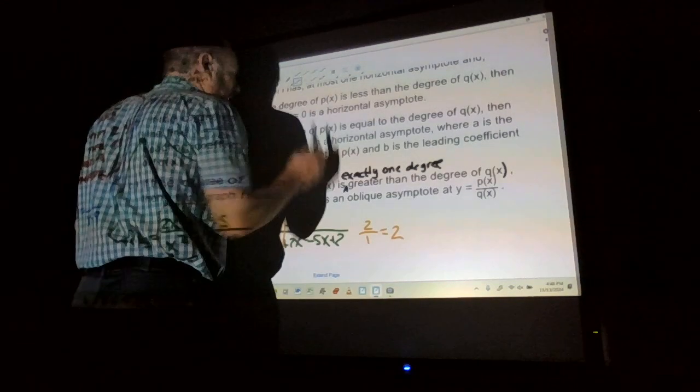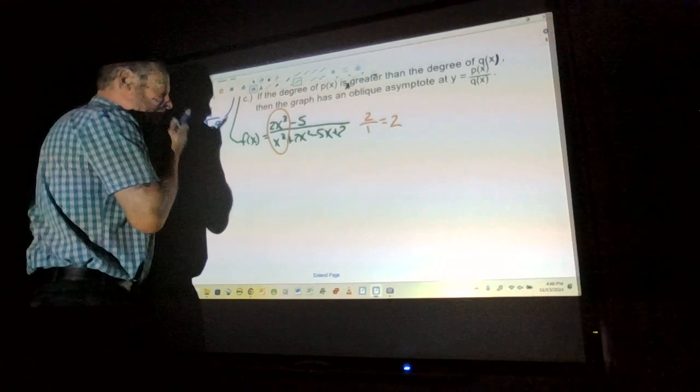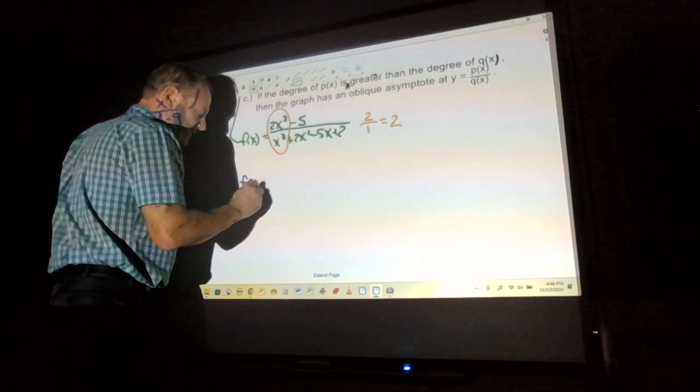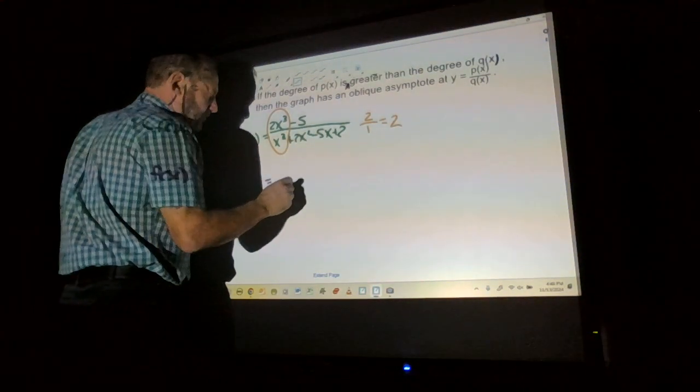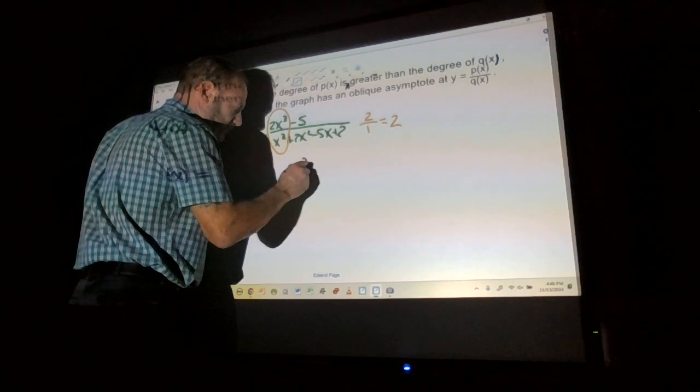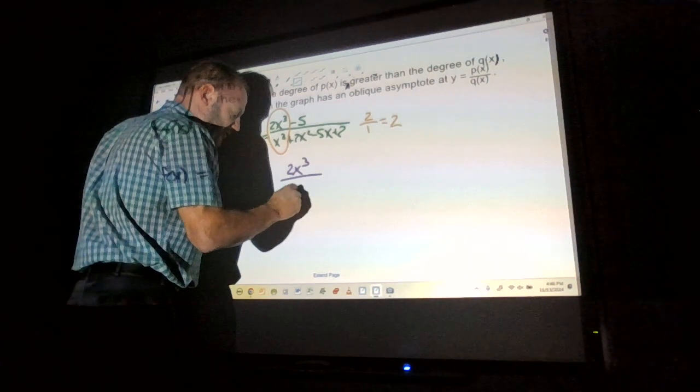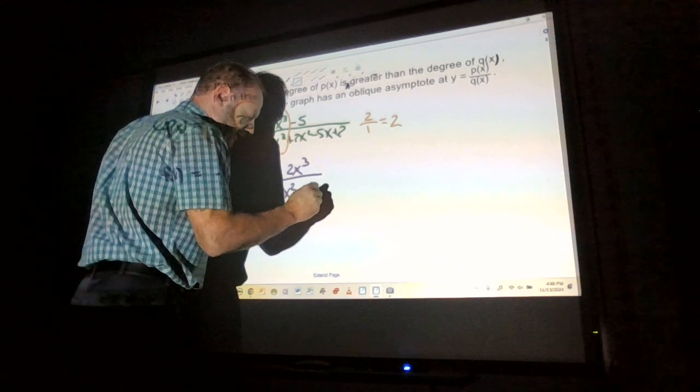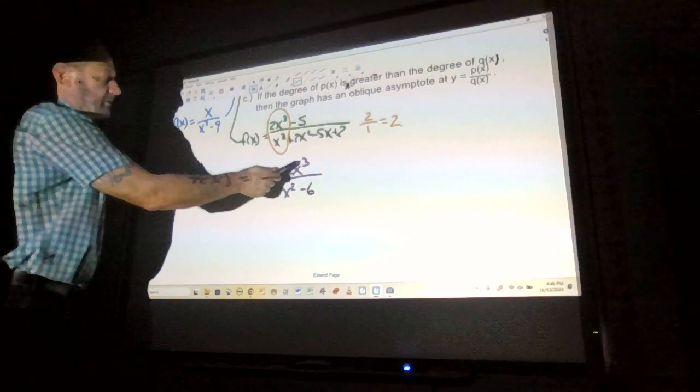So what would that be like? That would be something like this. f of x equals 2x cubed over x squared minus 6. Okay, so this is degree 3, this is degree 2.